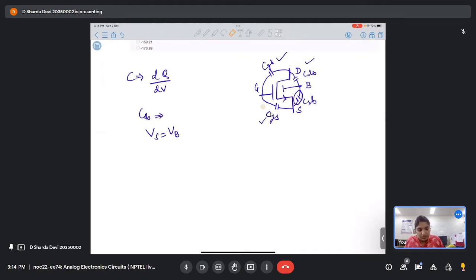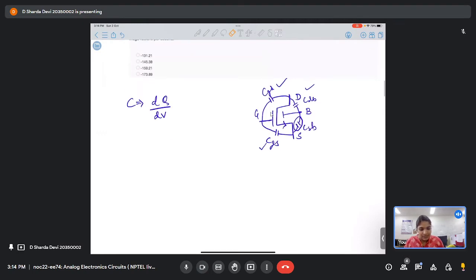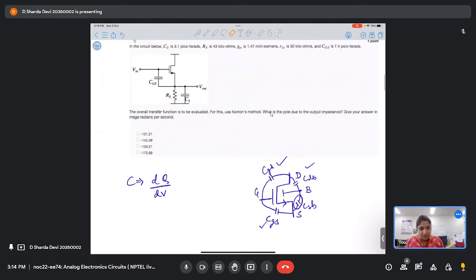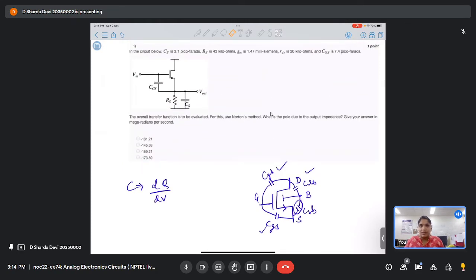Okay, with this basic idea, let's move ahead and solve the first question and see if we are able to connect it with the previous problem solving session which was held last week. Okay, so in this particular circuit which is shown below, the CS has been given. It is 3.1 picofarads.